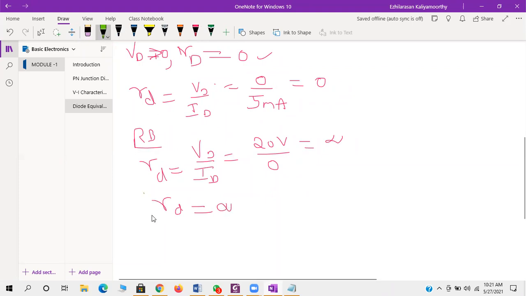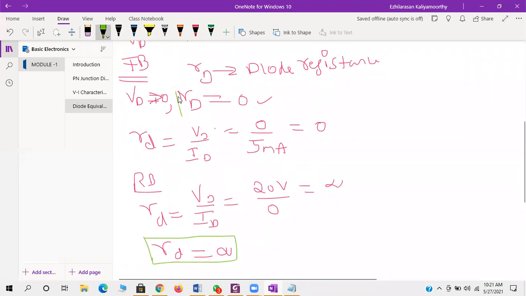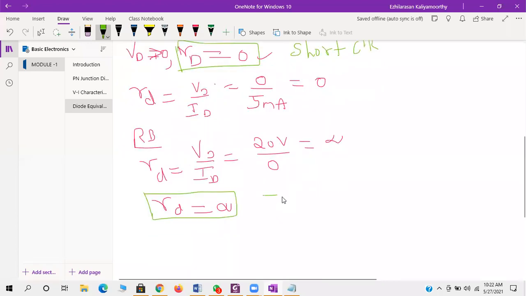So very important relation here. The dynamic resistance for forward bias, when the diode is a short circuit, is RD equal to 0. Here it is an open circuit, and when it is open circuit, RD is equal to infinity.